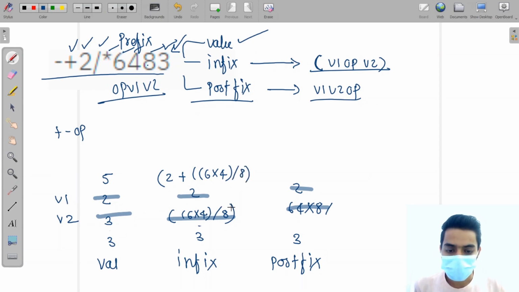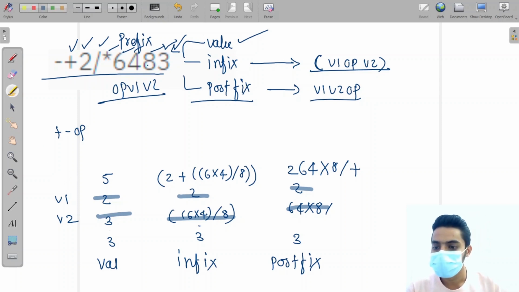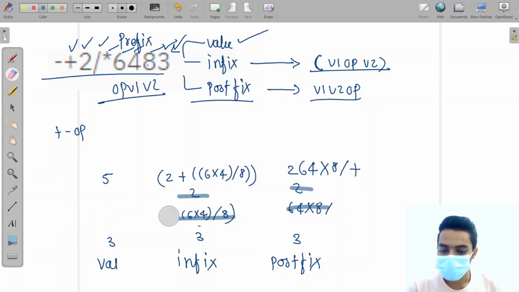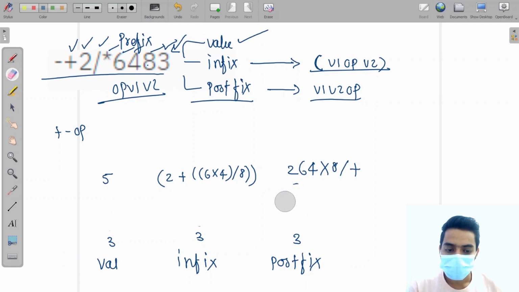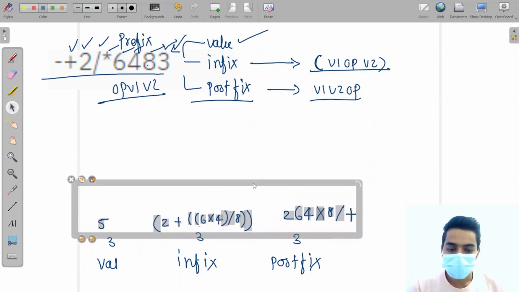After that this bracket, and after completing this, again 1 bracket. Now postfix expression: value 1, 2, value 2, 6 4 multiplication 8 divide, and in the last, the operator. Now pushing this 5 into the 3 stacks.